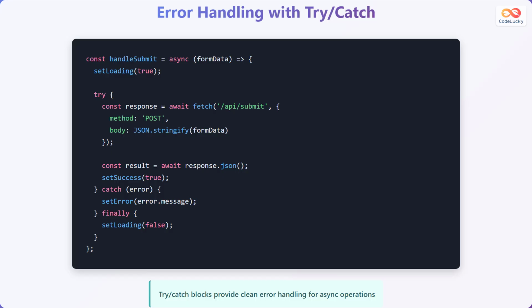We also await the response to convert it to JSON. If successful, we set a success state to true. In the catch block, we handle any errors and set an error state. The finally block ensures that the loading state is always set to false, regardless of success or failure. Try-catch blocks provide clean and reliable error handling for your asynchronous operations.